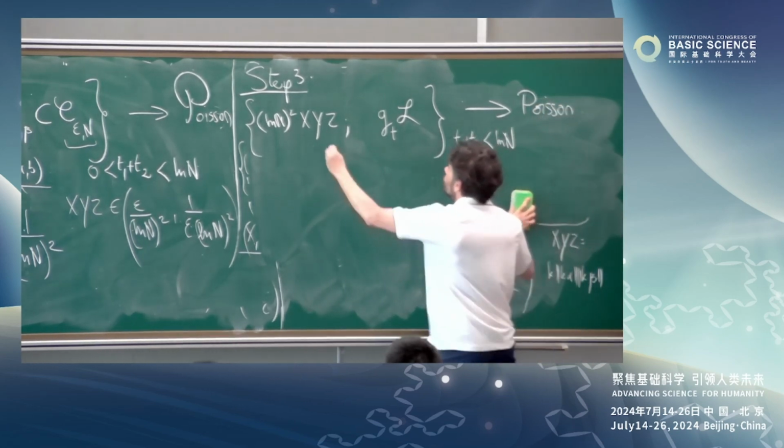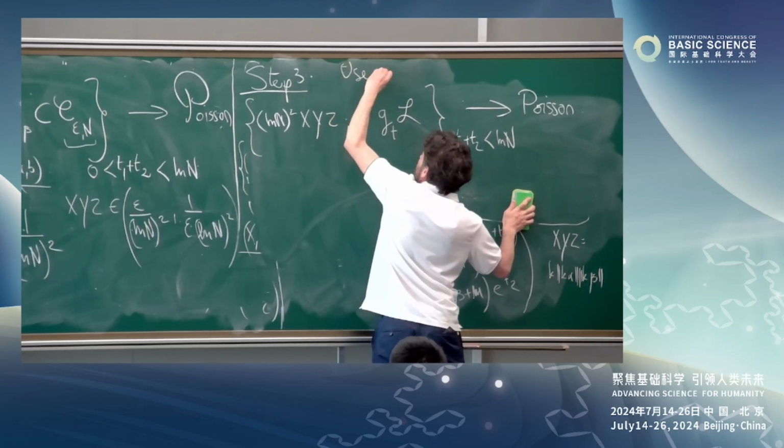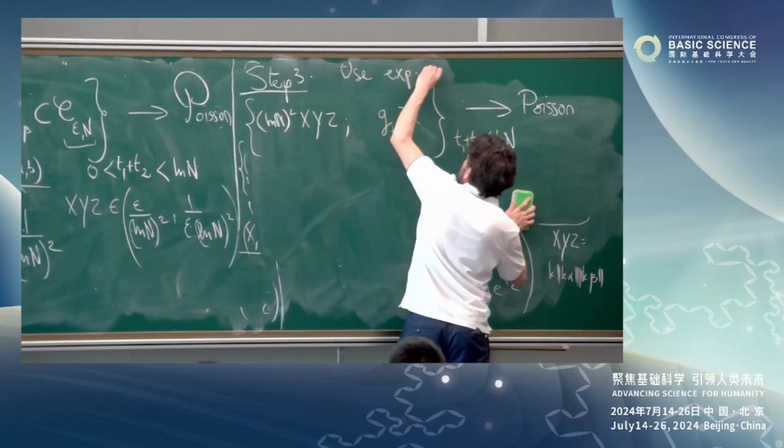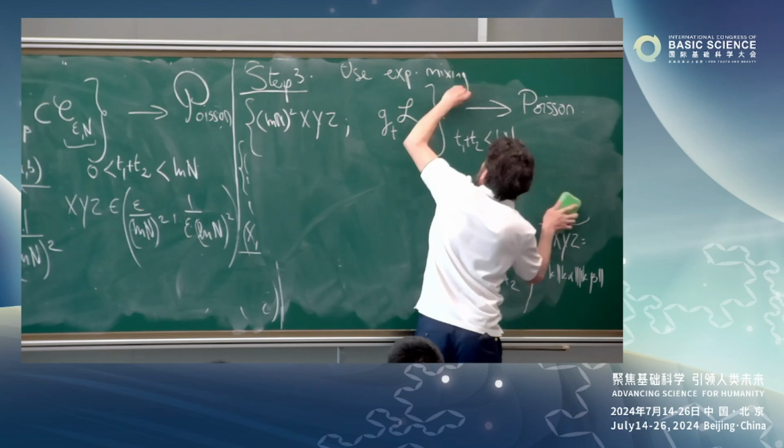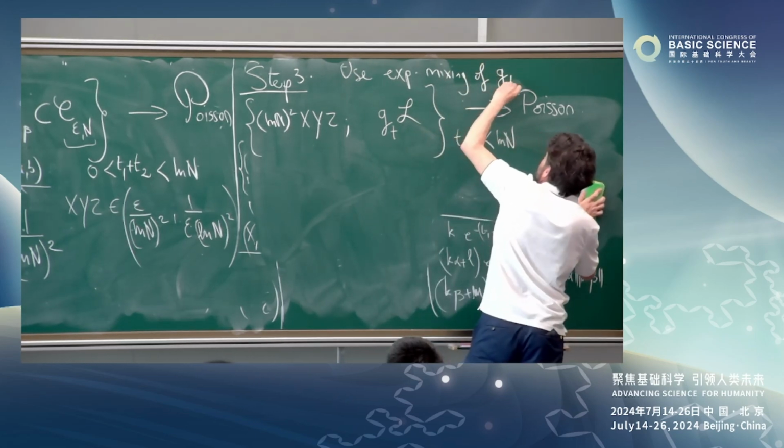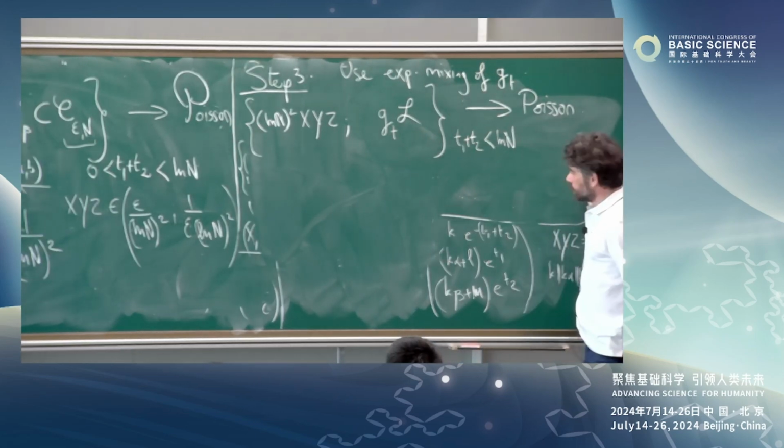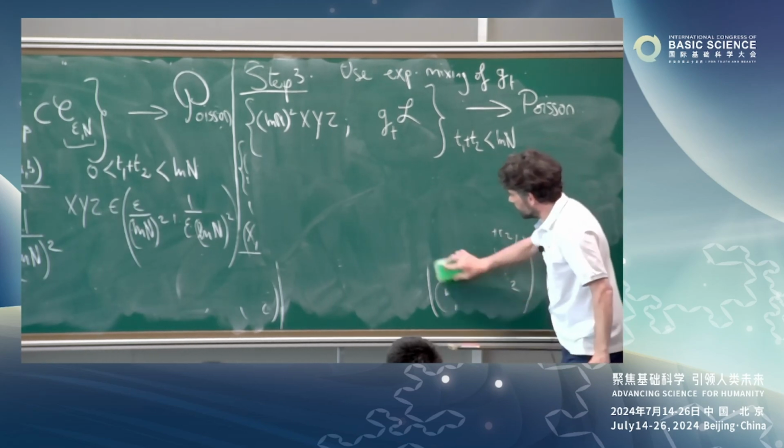And here you should use exponential mixing of g_t. And you do this. However, it's not that simple.